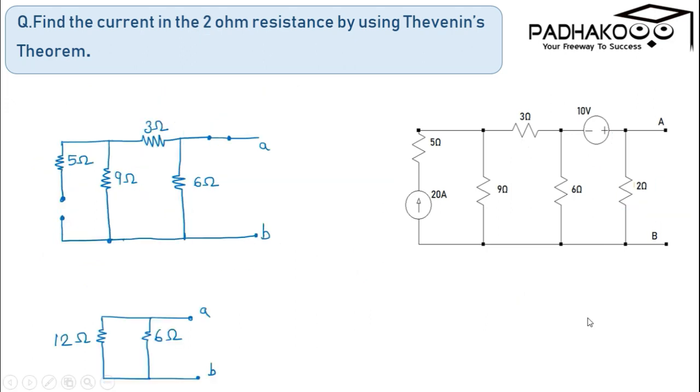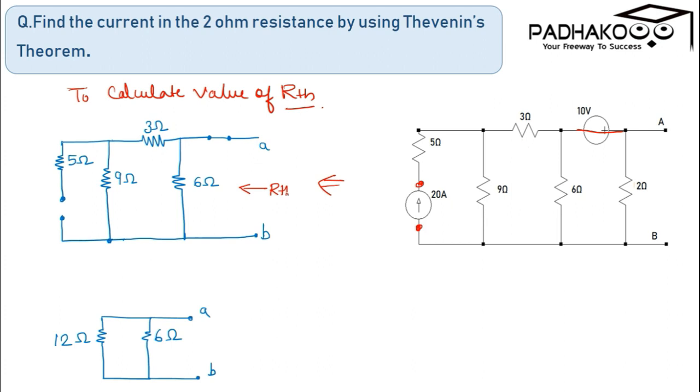Now, to calculate the value of RTH, we have to replace this voltage source by a short circuit, and replace this current source by an open circuit. Hence, the diagram is shown here. Now, to calculate the equivalent resistance as seen from here, the 5 ohm resistance does not affect much because it is connected with an open circuit element.